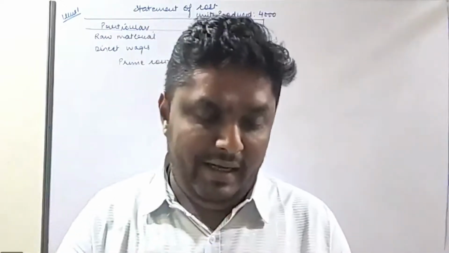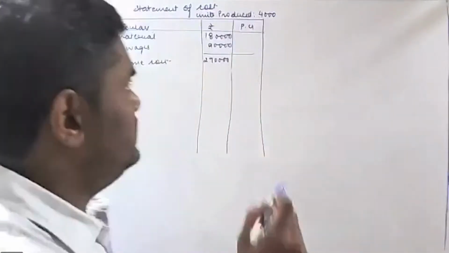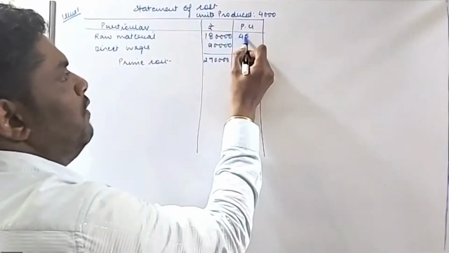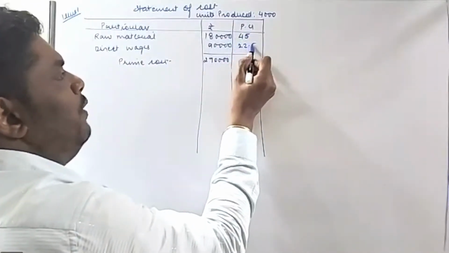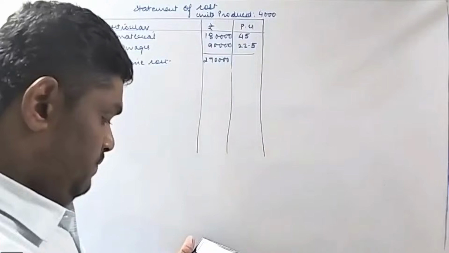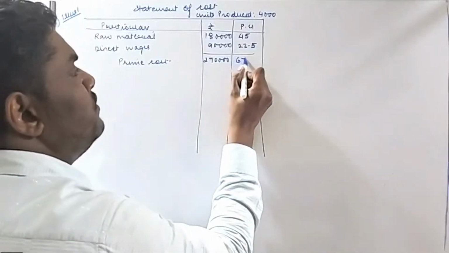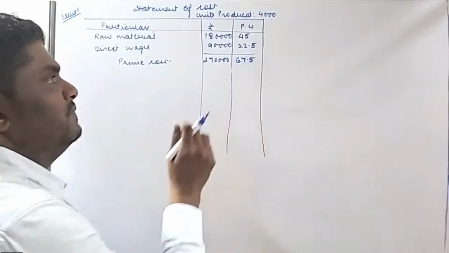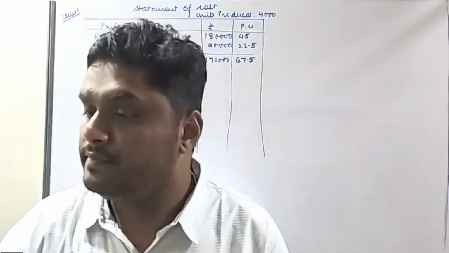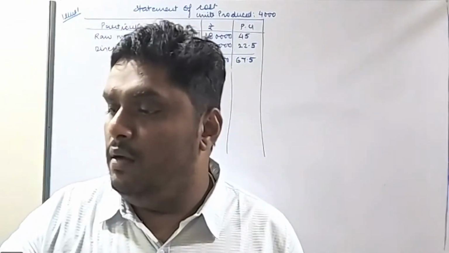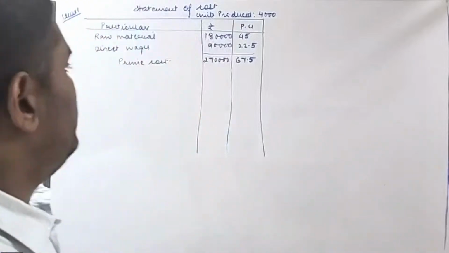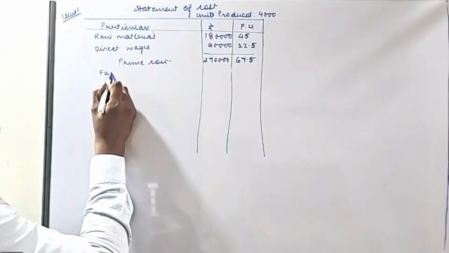Now let's calculate the per unit amount also. So this is 1,80,000 divided by 4,000. So this will be 45. And this will be 22.5. So this will be 67.5. Now, next is what about my factory overheads?